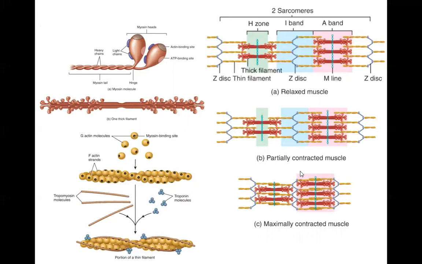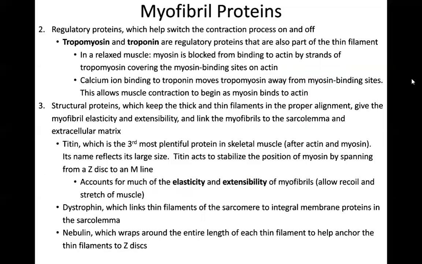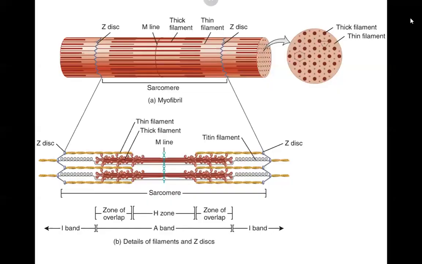What we show in this figure, and I really love that they do so, is that the A band does not change in shape or length. And that's because the distance from here to here, the A band is not going to get shorter.